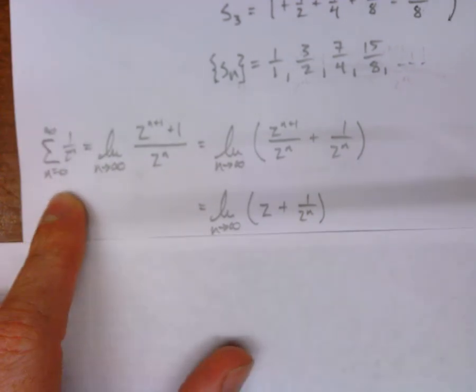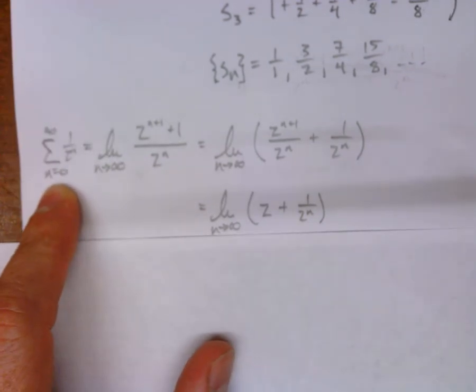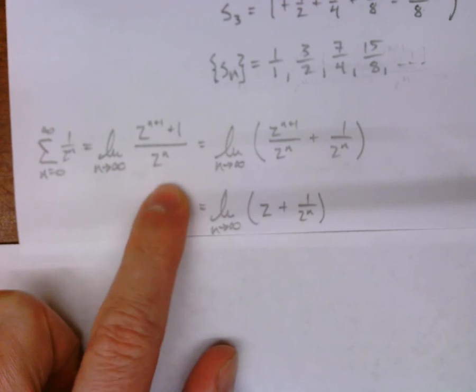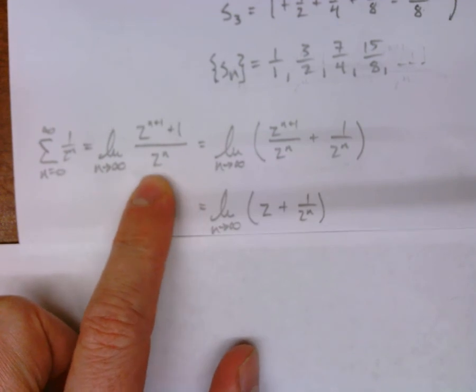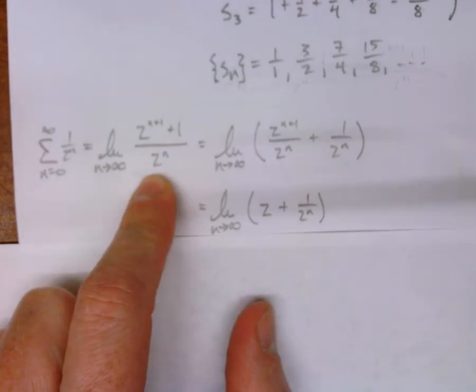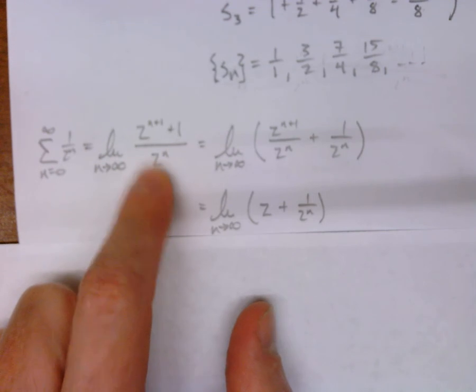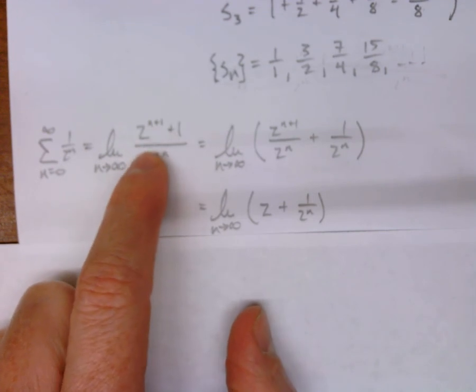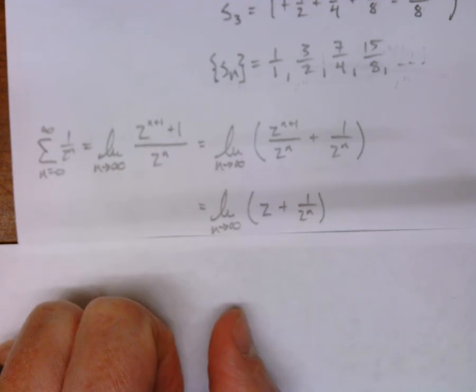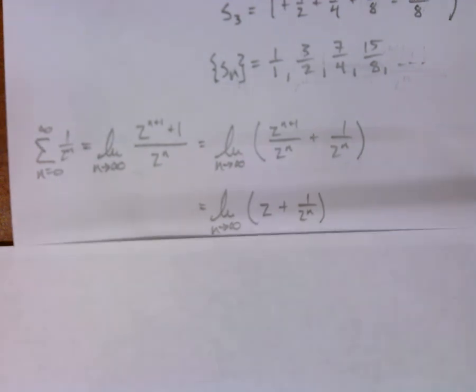Okay, and so I'm thinking, what is this? What do all these add up to? So it's the limit of my nth partial sum sequence. And you notice I have simplified the numerator. 2 times 2 to the n is 2 to the n plus 1. And now I notice there's a mistake.